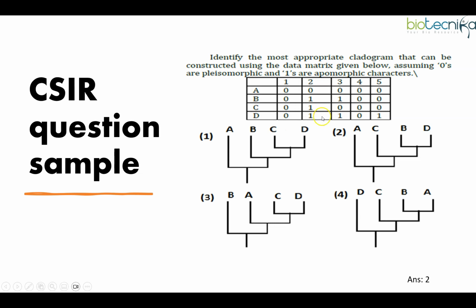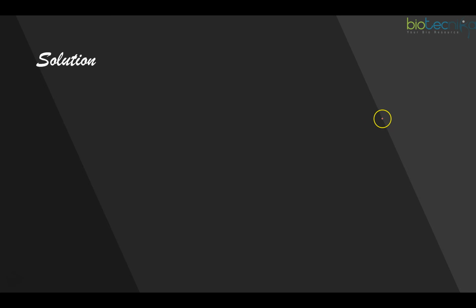And D is having the maximum apomorphic character. So that is why it should be the highest. Okay. So you can see here B is also having like this. But here C will be more ancestral than B. So that is why 1 will be not correct, and that's why 2 over here is the right answer. Right.